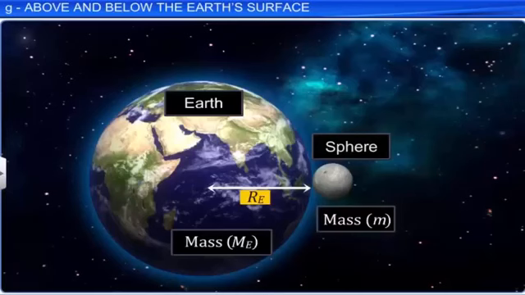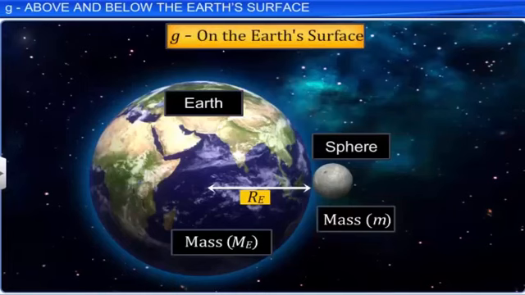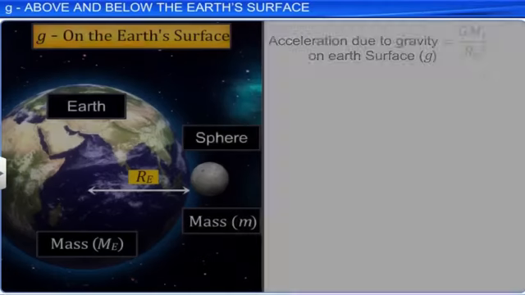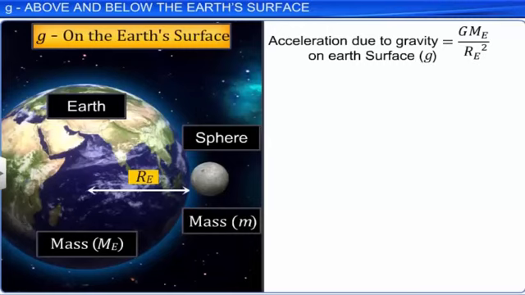In your earlier session, you learned about acceleration due to gravity on the surface of the Earth. The expression for acceleration due to gravity on the surface of the Earth is given by equation 1 as the product of the universal gravitational constant G and the mass of the Earth Me divided by the square of the radius of the Earth Re.